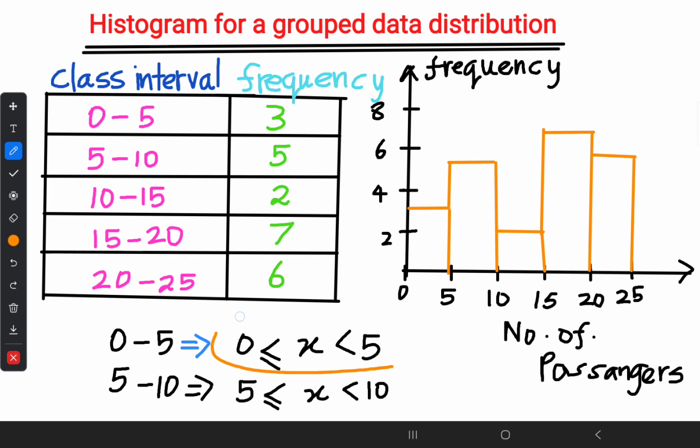And this is the important thing, you have to read this carefully. From that, we conclude that the person who is exactly 5 in age belongs to the second interval. Likewise, just mark the axes and name them, then plot your construction to complete the histogram. That's all.